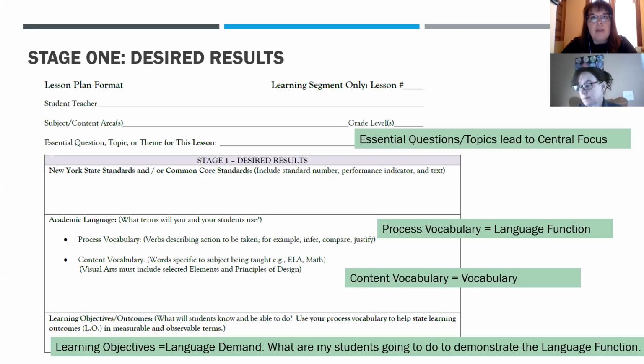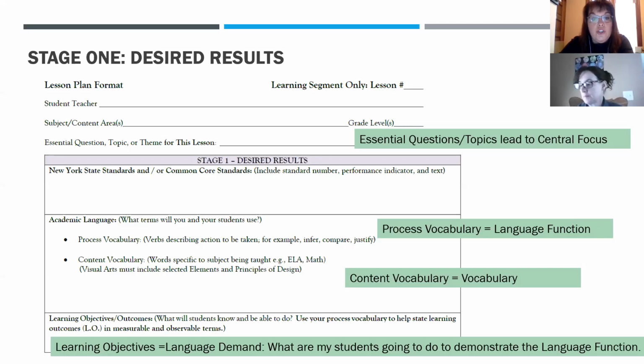Words like revolution, denominator, another example of a content vocabulary, coup d'etat, right? Like different kinds of concepts that you're teaching them.